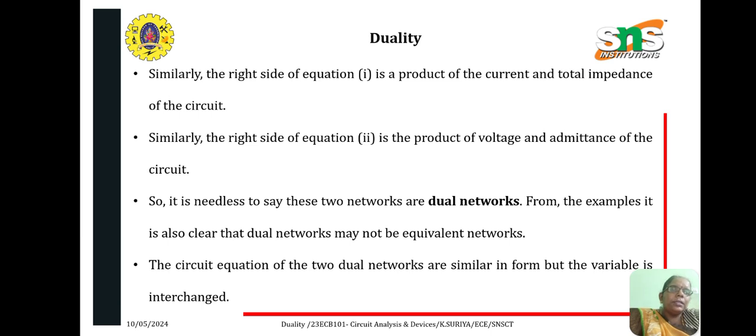So it is needless to say these two networks are dual networks. From the examples, it is also clear that dual networks may not be equivalent networks. The circuit equations of the two dual networks are similar in form, but the variables are interchanged.